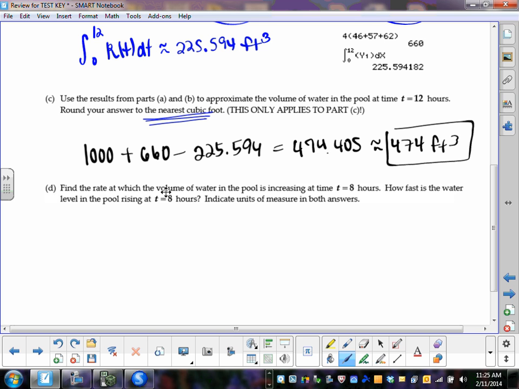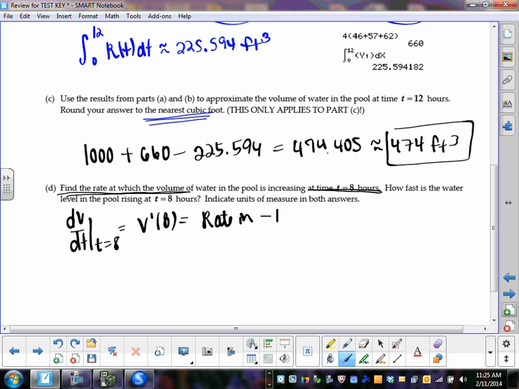Okay, so find the rate at which the volume of the water is increasing at time t equals 8 hours. How fast is the water level rising? Find the rate of the volume at time 8. Okay, so they're actually giving us that information. The change in volume over time at t equals 8, or V prime of 8, is actually the rate in minus the rate out.